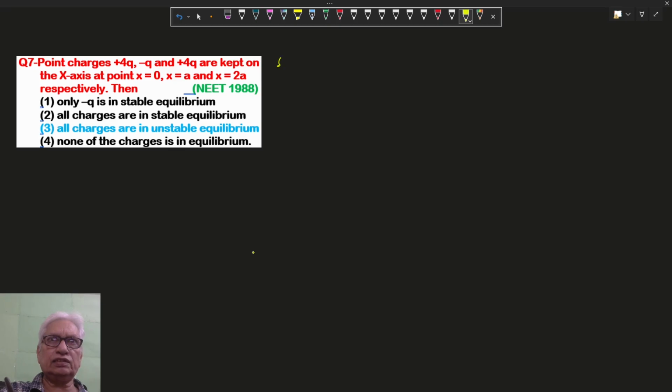In this question, charges plus 4Q at x equal to 0, minus Q charge at x equal to a, and at this position plus 4Q charge. So here all the charges are in equilibrium but not stable.